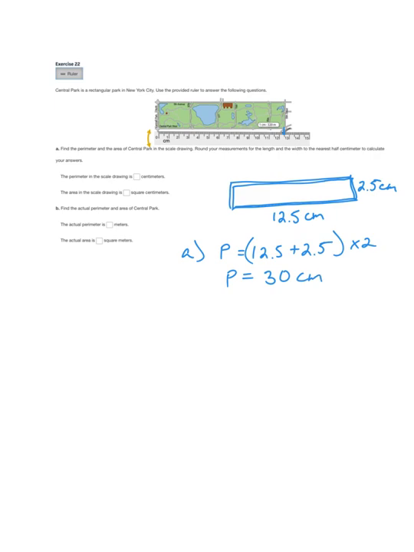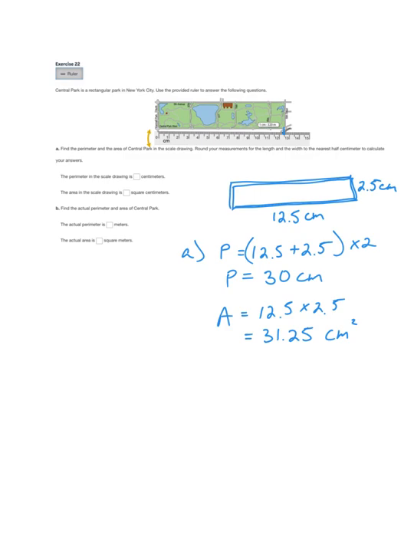The area of the scale drawing will be 12.5 times 2.5, which is 31.25 square centimeters. So that's all about the scale drawing.